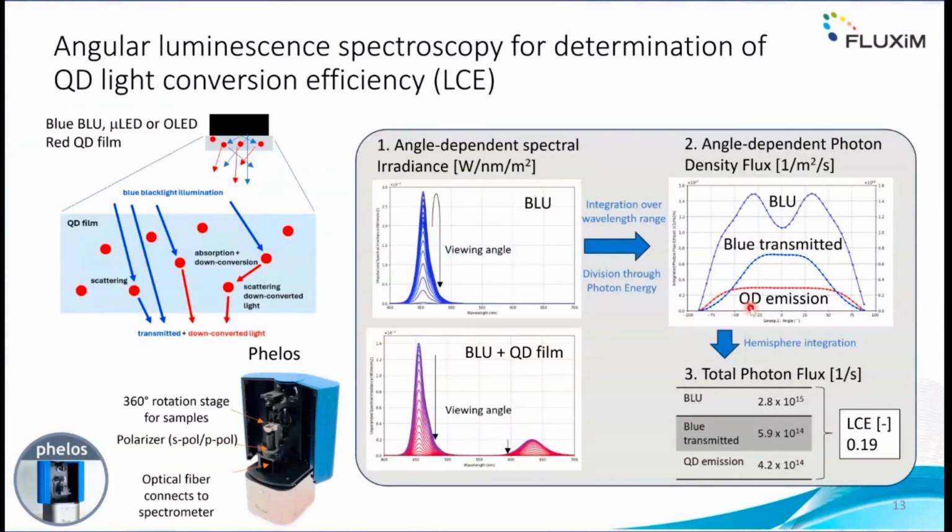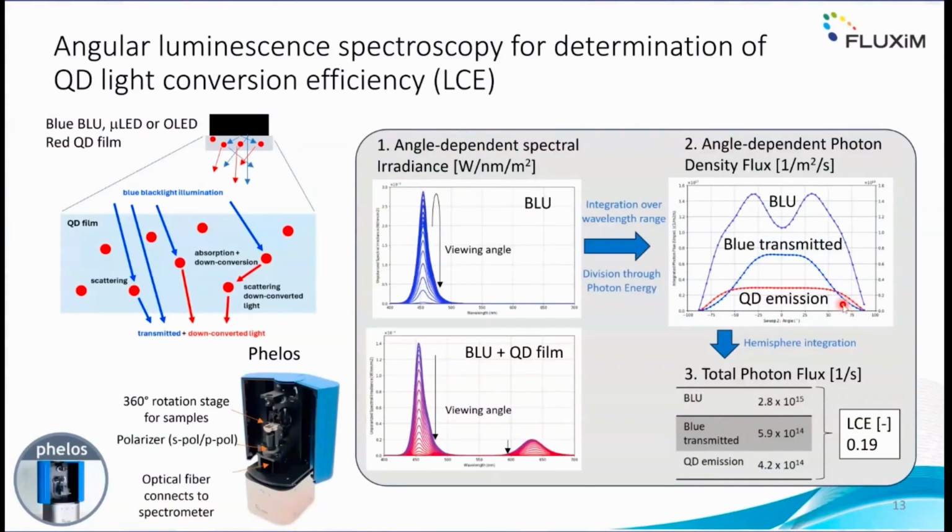And you see there's some very particular shape of the angular emission. First of all, the chosen backlight had this funny double peak angular dependence. The blue transmitted light has a rather flat emission, but then a drop. And interestingly, the down converted light has a lot of contribution for large viewing angles.